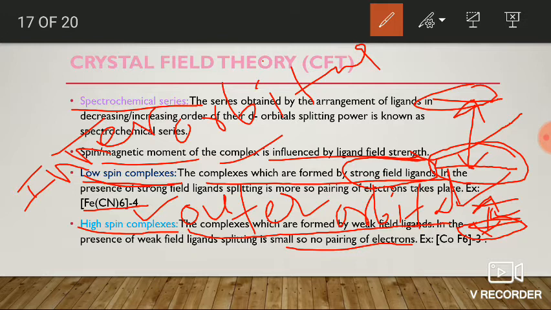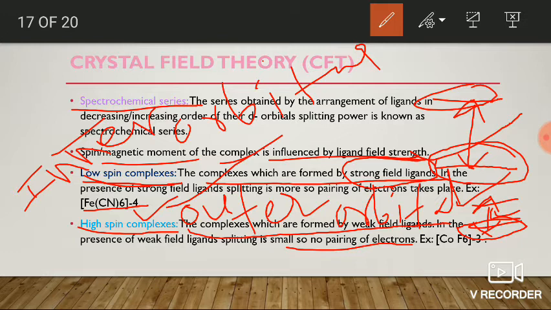These are outer orbital complexes or high spin complexes, and inner orbital complexes or low spin complexes. VBT does not explain why inner orbital complexes are low spin and why outer orbital complexes are high spin. But CFT clearly explains this phenomenon based on the crystal field splitting energy values.